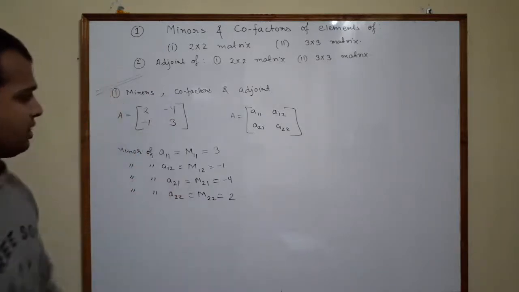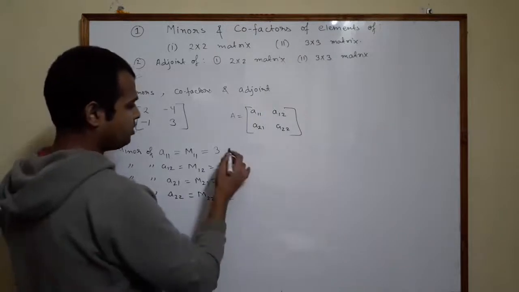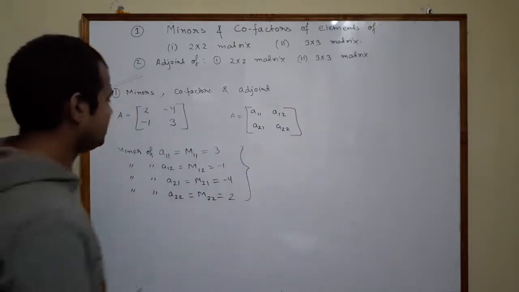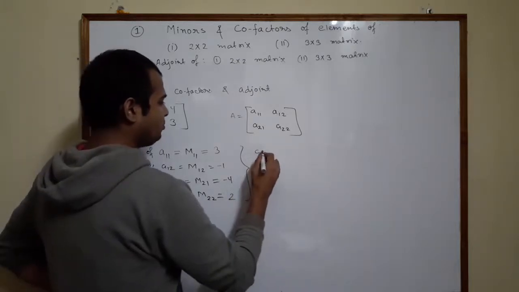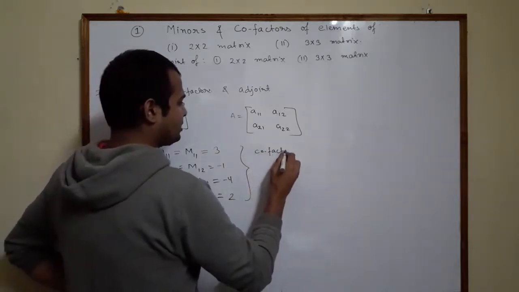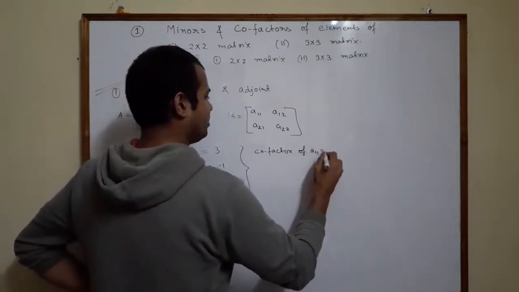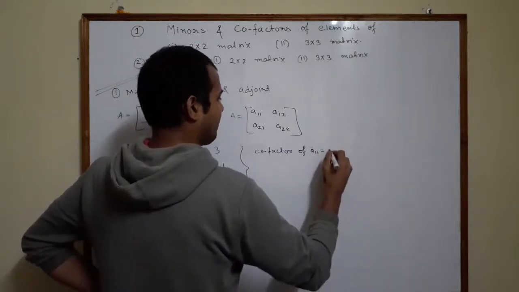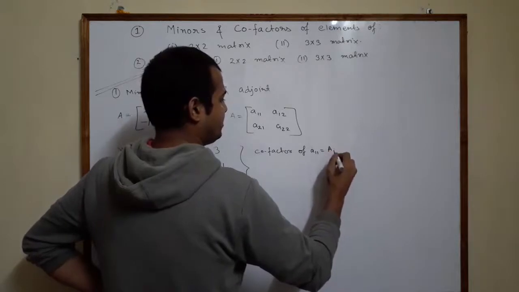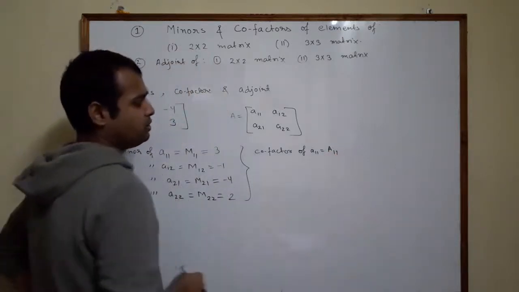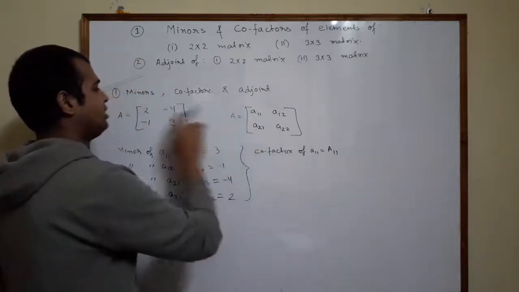Now next, cofactors. Once we have found the minors, cofactors will be easy for you. The cofactor of A11 will be denoted as capital A11, because we are looking for the cofactor of this element.